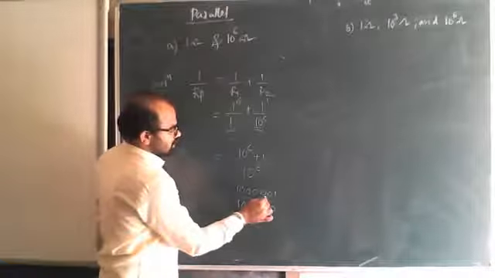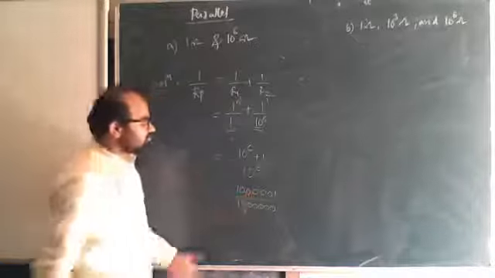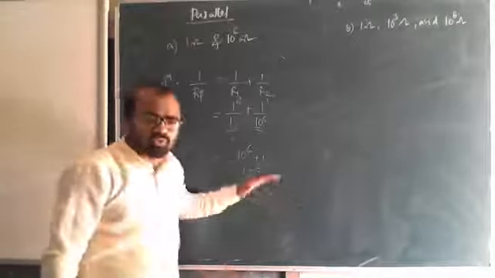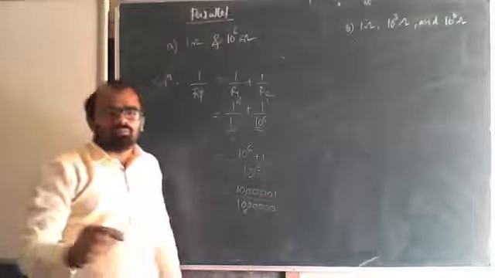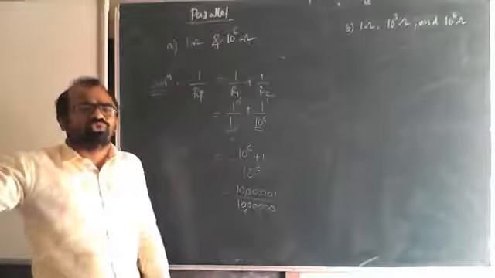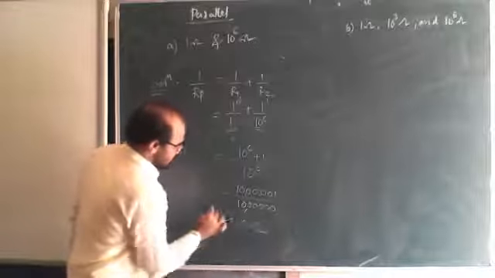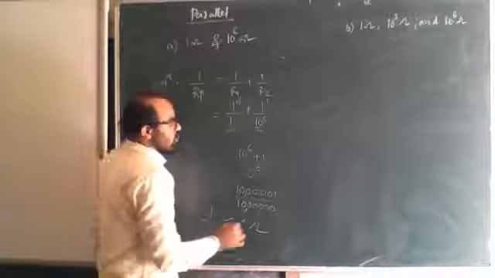10 lakh 1 divided by 10 lakhs is almost the same, only slightly more than 1. Both are almost the same, so 1.00000 something comes. So we can approximately say that 1 by Rp equals 1 ohm.